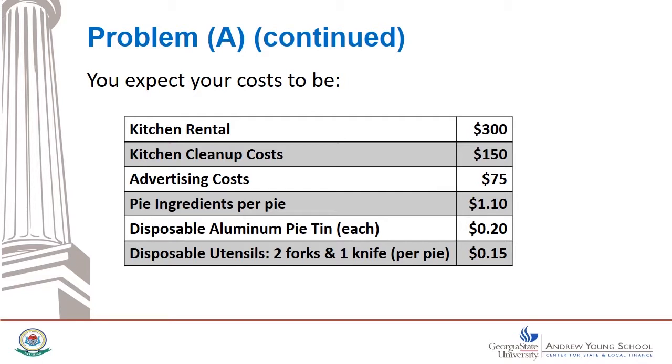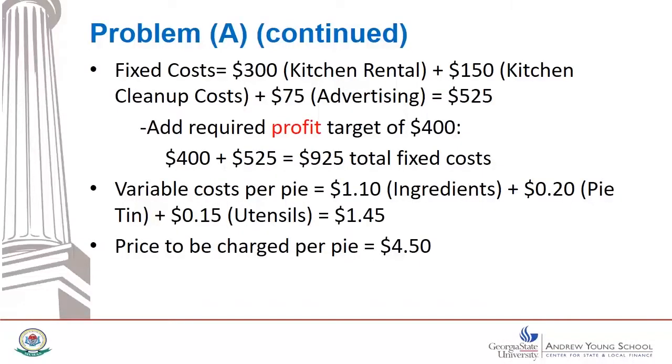Now we can use those assumptions in a series of formulas that we derived earlier. So using these assumptions, we find that total fixed costs are the $300 kitchen rental, the $150 kitchen cleanup costs, and the $75 advertising cost for a total of $525.